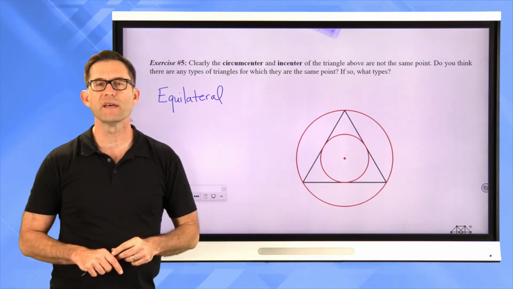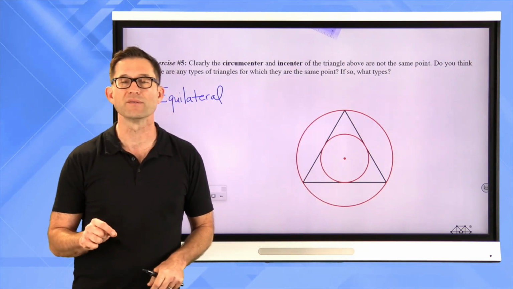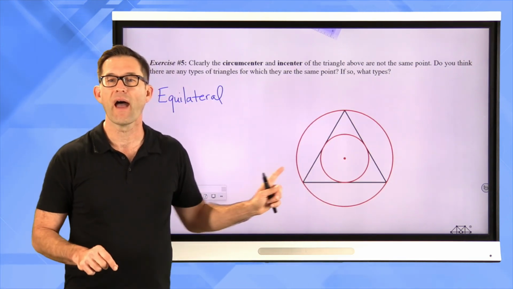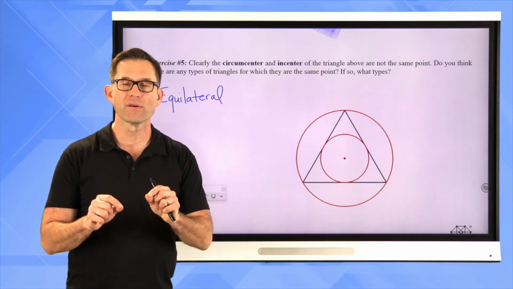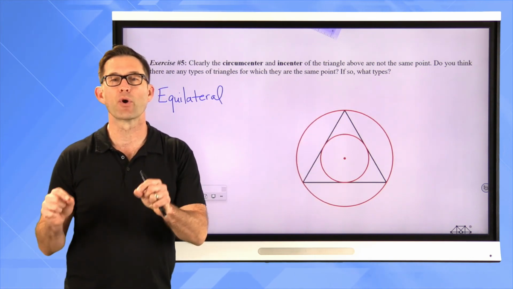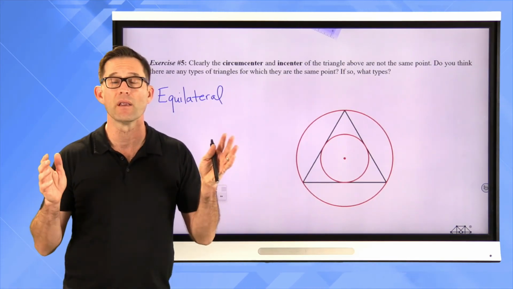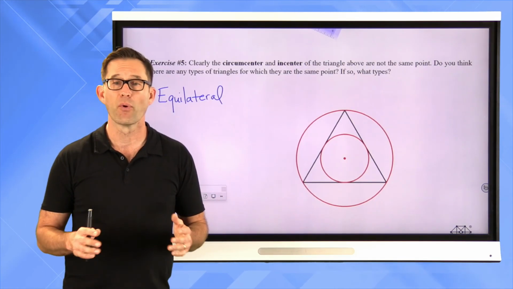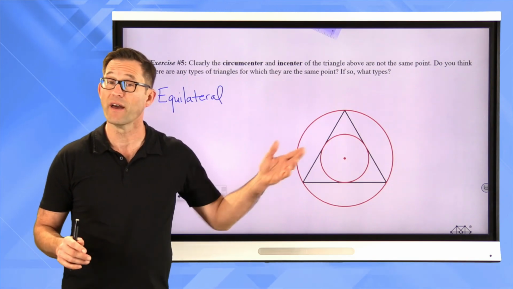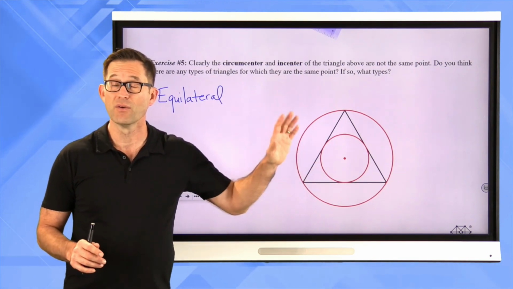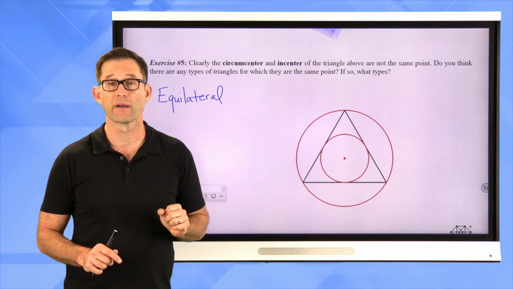And it makes sense because in this case, the three angle bisectors also happen to be the three perpendicular bisectors. They are literally the same lines, and therefore their point of concurrency is the same point. And it's kind of cool, right? You can really see it with equilateral triangles.